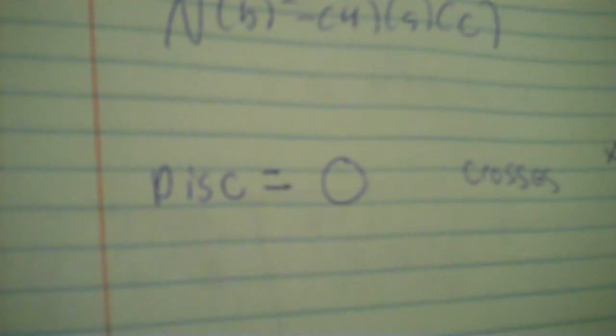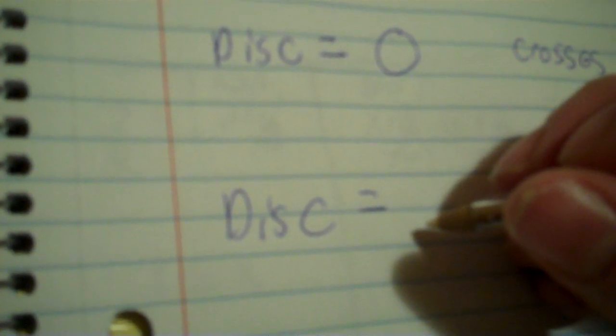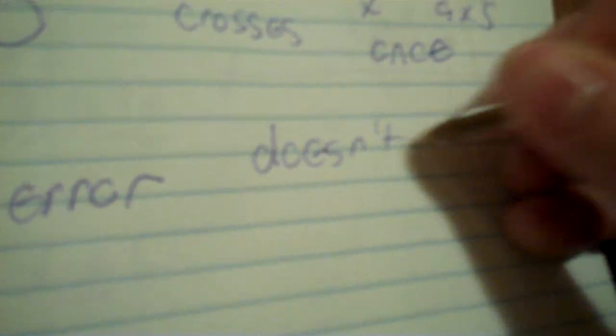If it equals exactly 0, okay? If the discriminant is an error, then it doesn't cross the x-axis.